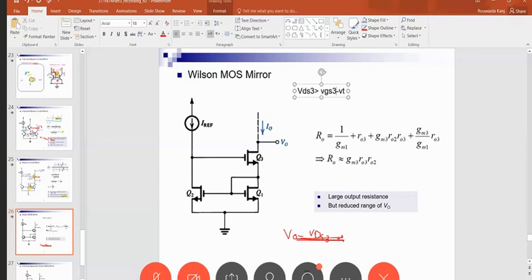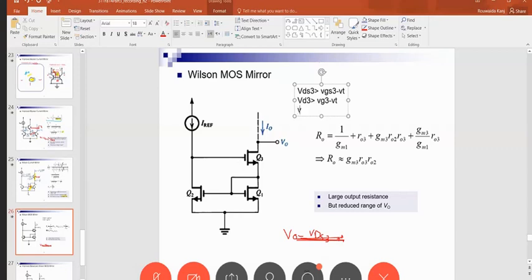Okay, and VGS3 is equal to, okay, so this means that we want VD3 to be greater than VG3 minus VT. Now, VG3 itself is VGS3 plus VGS1, okay?